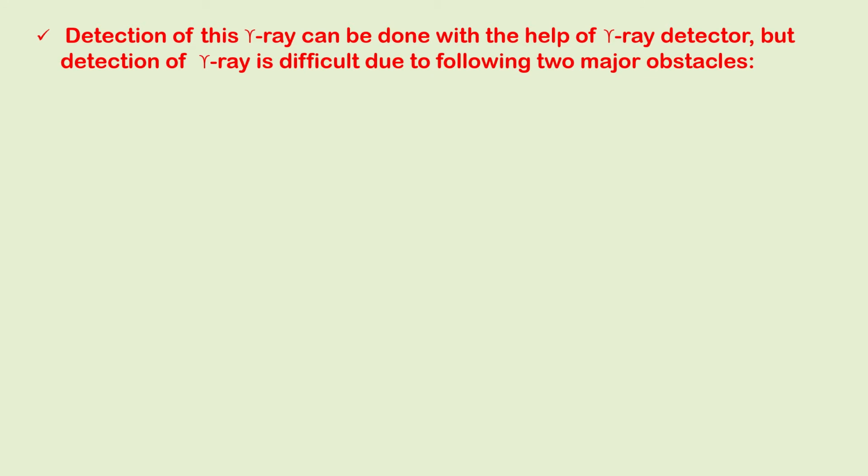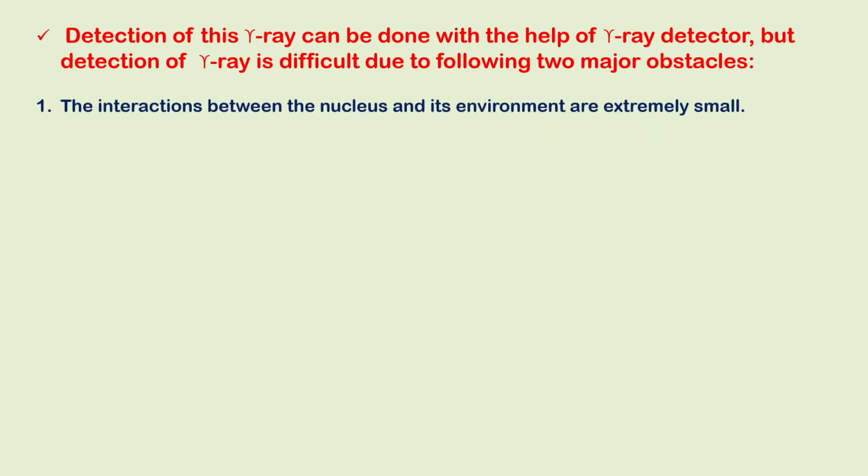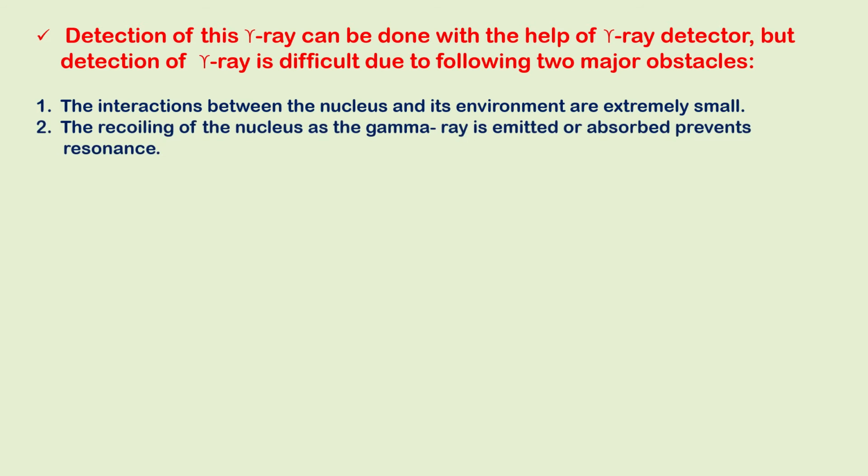But detection of gamma rays is difficult due to two major obstacles. First, the interactions between the nucleus and its environment are extremely small. This can also be understood with the help of Heisenberg's uncertainty principle. Second, the recoiling of the nucleus as the gamma ray is emitted or absorbed prevents resonance.